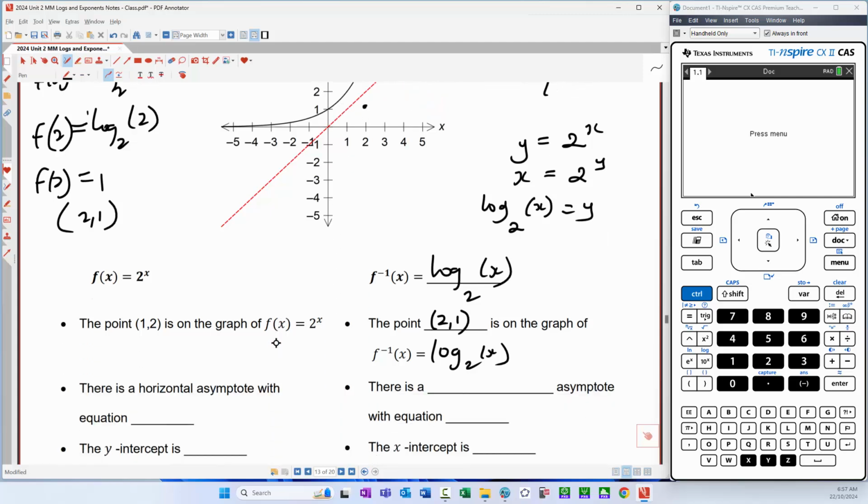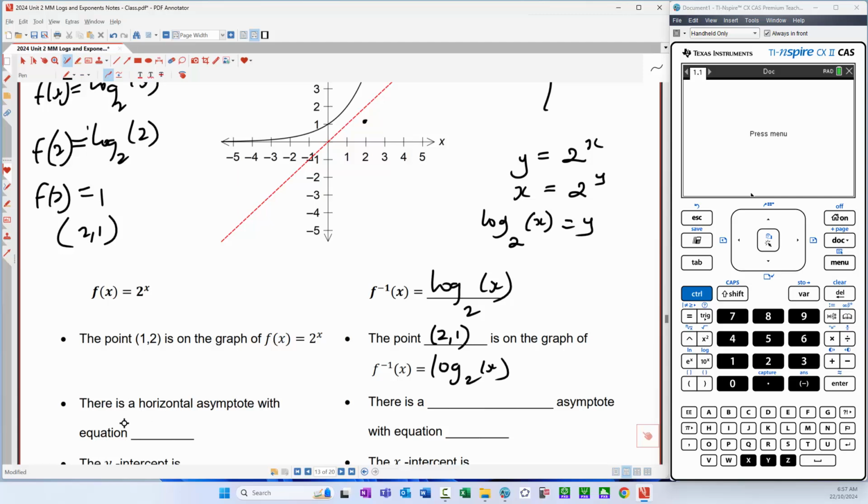Now there's a horizontal asymptote on the exponential, along this line here, and that's the line y equals 0. Now if you think about it, the log function will have an asymptote because we swap x and y.